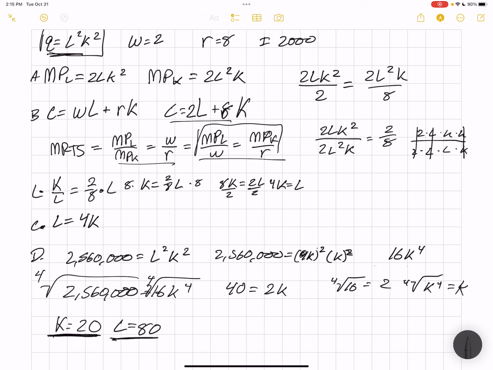And we can go back further and say how much this is going to cost us. It's not required for this, but we can go ahead and do it. We'll plug that into our cost function. C equals 2L plus 8K. So 2 times 80 is 160. 8 times 20 is also 160.